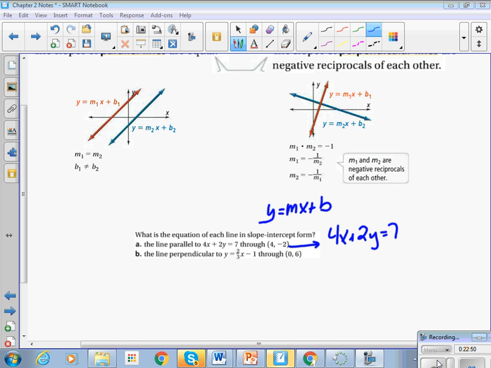and solve it for y. When I do that, I should be able to identify the slope. I need to divide everything by 2.